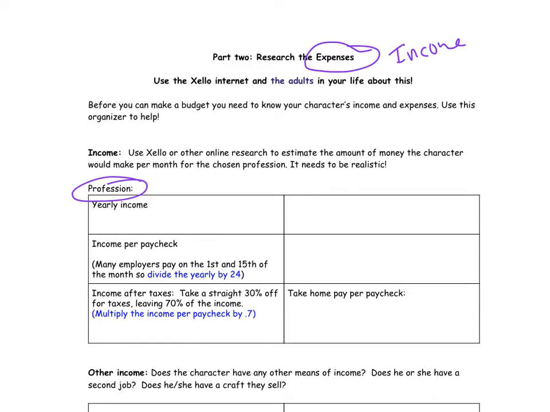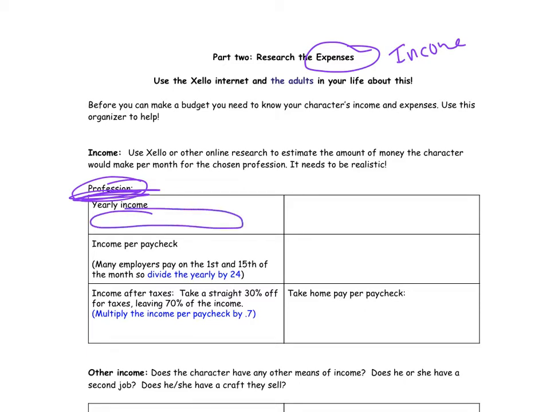I know some of you have already been exploring what professions you want to do through Zello, but also if you have a business class that you're taking currently right now. So hopefully you've decided on the profession, and look up, use those resources just to figure out their yearly.